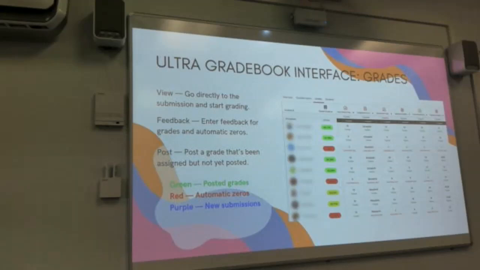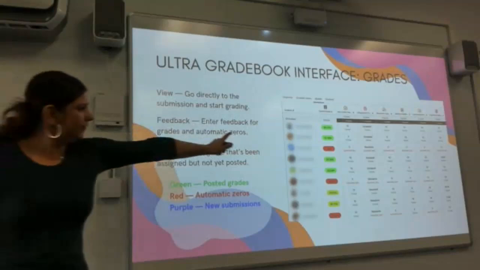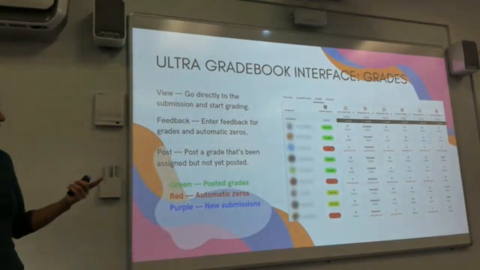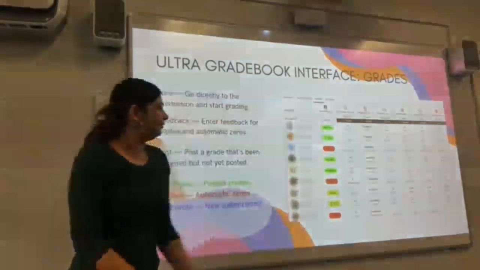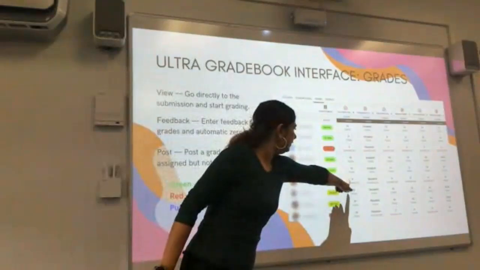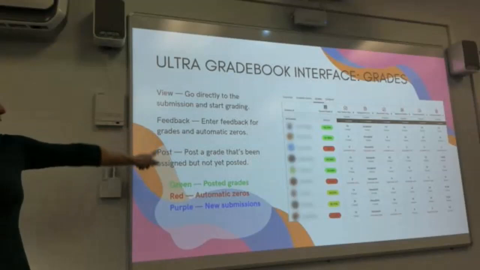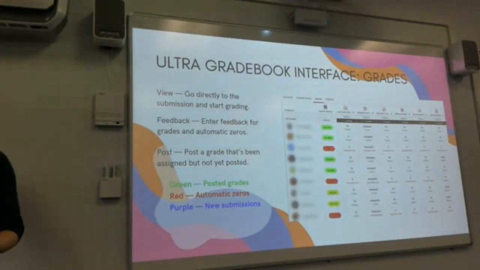All right, so the grades. For the view one, it's to view the submission and start to grade. You would click on the submission itself. So you're going to click on here, and once you're in there, you can provide feedback.